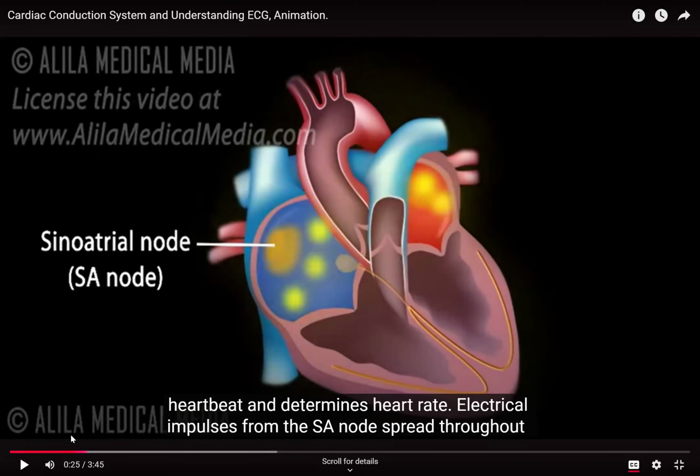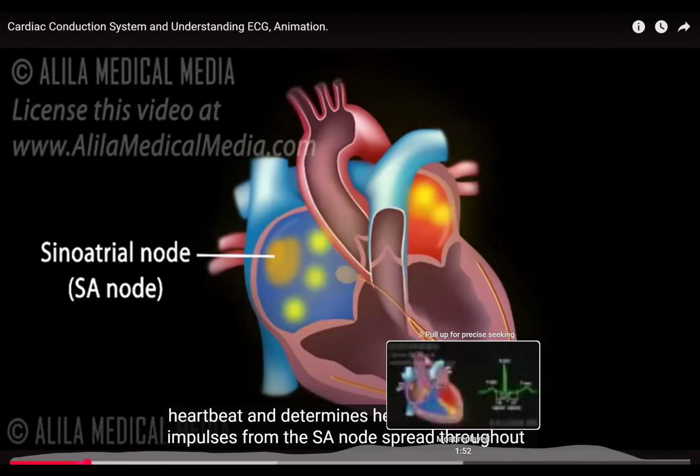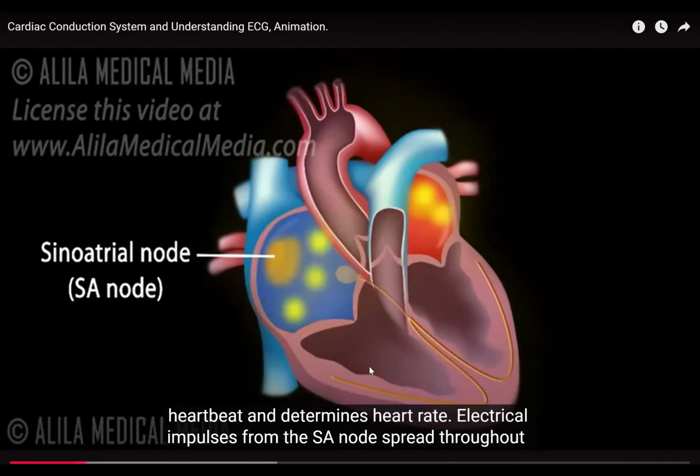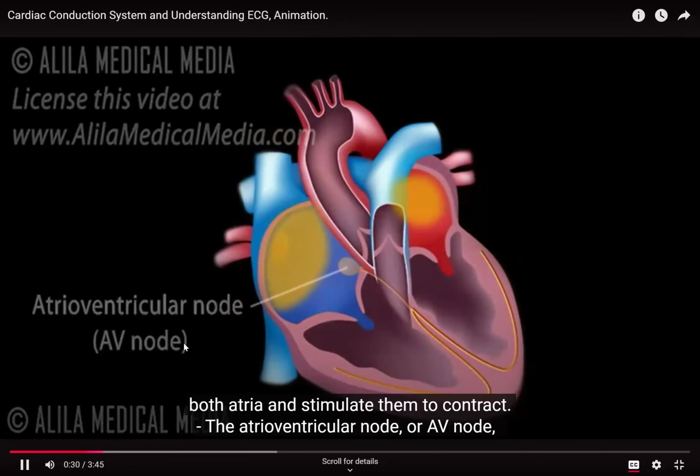Okay, as you can see, one electrical impulse spread throughout both atria.